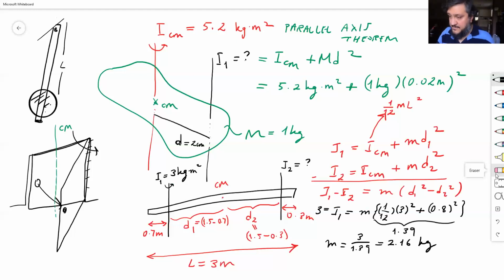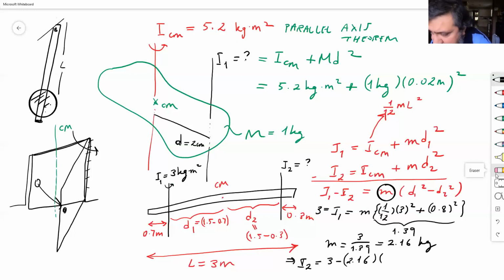And take this m and plug it in here now to solve for I2. Therefore, I2 will be equal to I1 minus this, which is I1 is 3 minus m, 2.16 times D1 squared minus D2 squared.